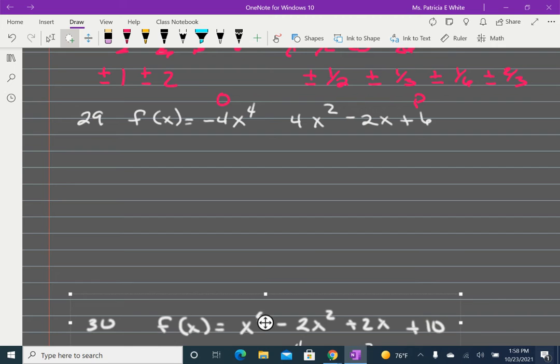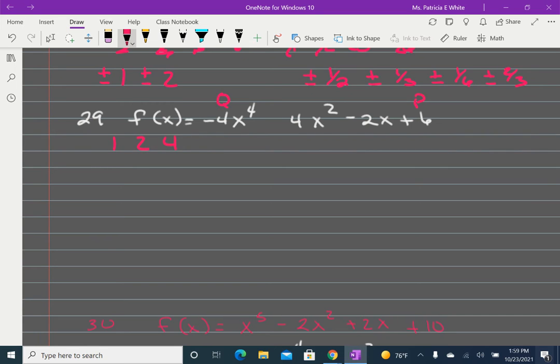So I have 1, 2, and 4. For 6, I have 1, 2, 3, and 6. P over Q. 1 over 1. I'm starting with this 1, and I'm going to put it over these 3 factors. 1 over 1, 1 over 2, and 1 over 4.